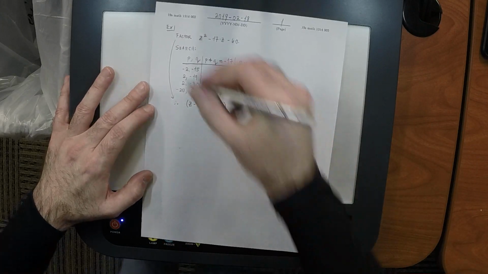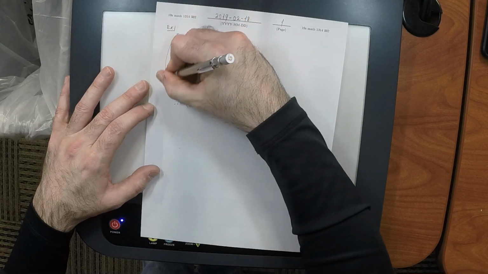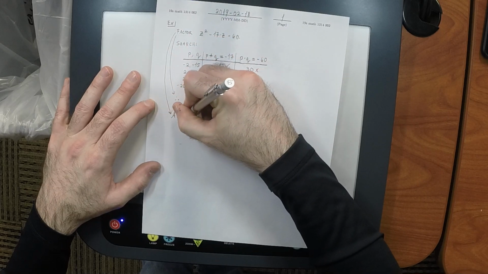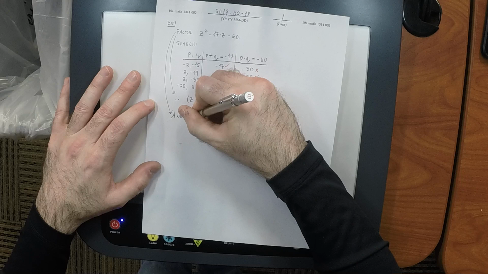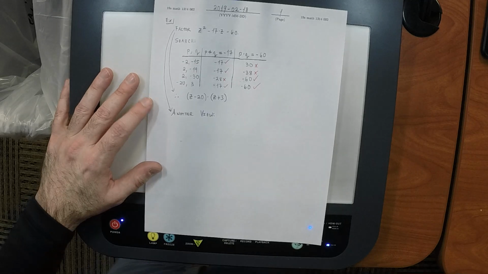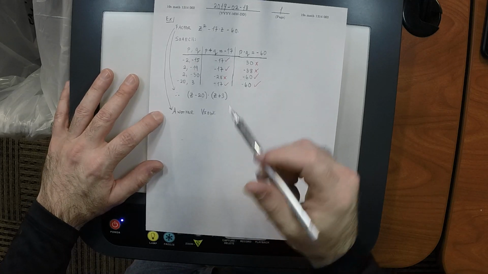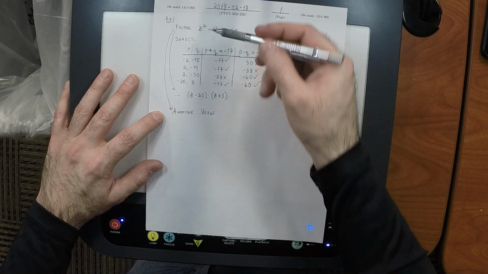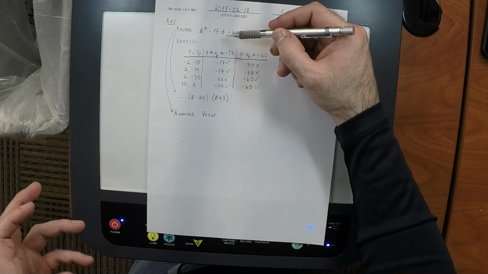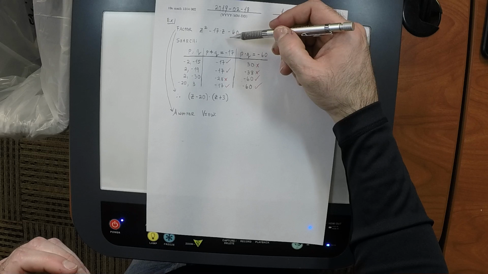Now, here's another view. So, specifically, this thing that we did here only works for monic quadratics.